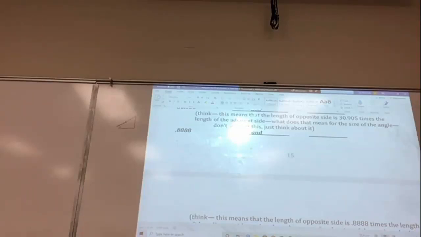Okay, so what's this value here? 0.0035. So type in 0.0035. And then hit second, the degree sign. Okay, so that's the angle.